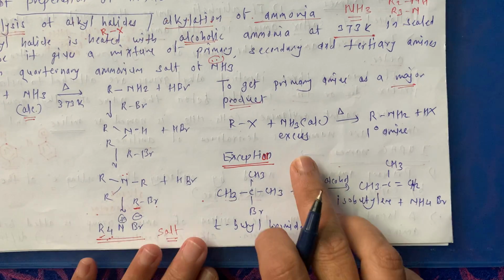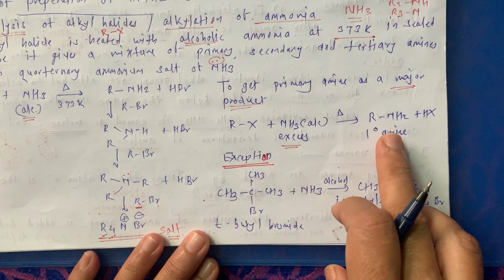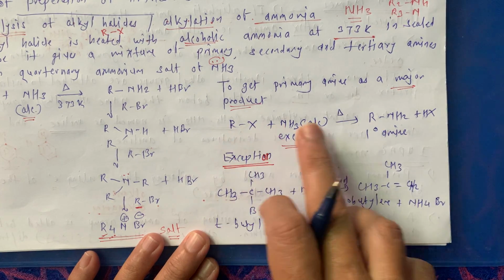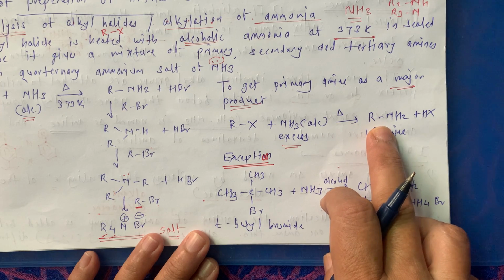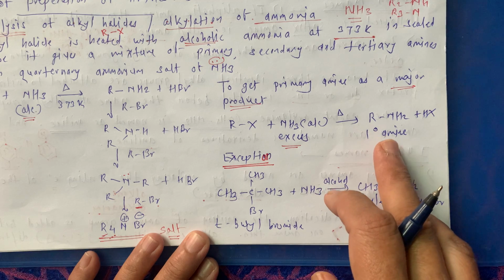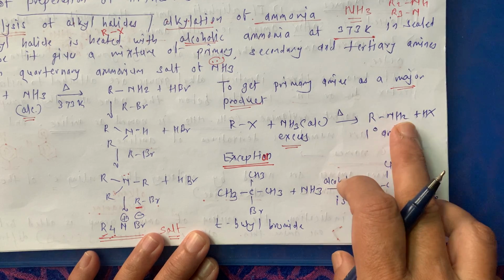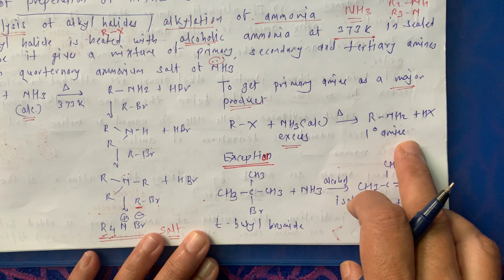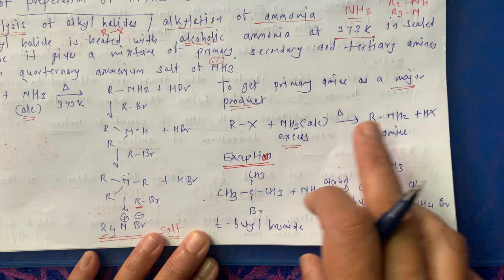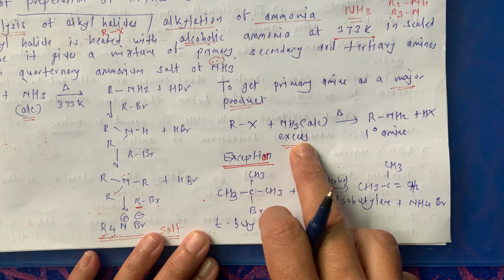But if you use excess ammonia, then specifically we get primary amine. The major product is primary amine, and the other products are in minor quantity. Please remember, we can use this method if we use excess ammonia.